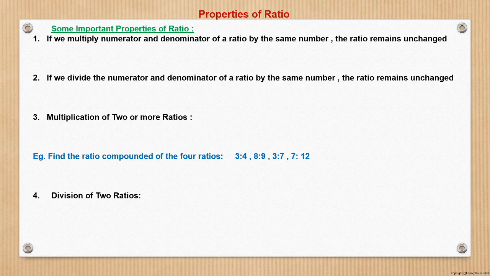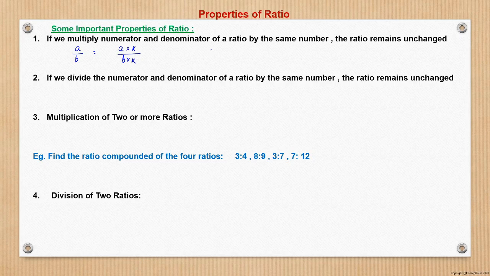So till now we have seen some very basic level of questions on ratio. Now we will move to the properties of ratio. So what are the different properties of ratio? The first property says if we multiply the numerator and denominator of a ratio by the same number, the ratio remains unchanged. So suppose a ratio is a by b, this will be the same as a into k upon b into k, right? There's no difference because k gets cancelled.